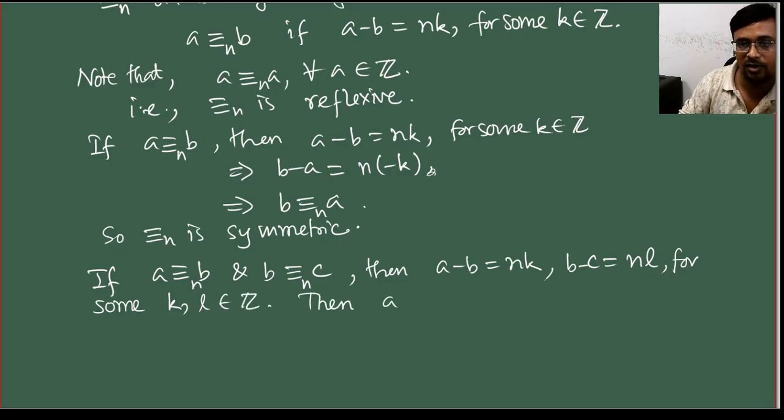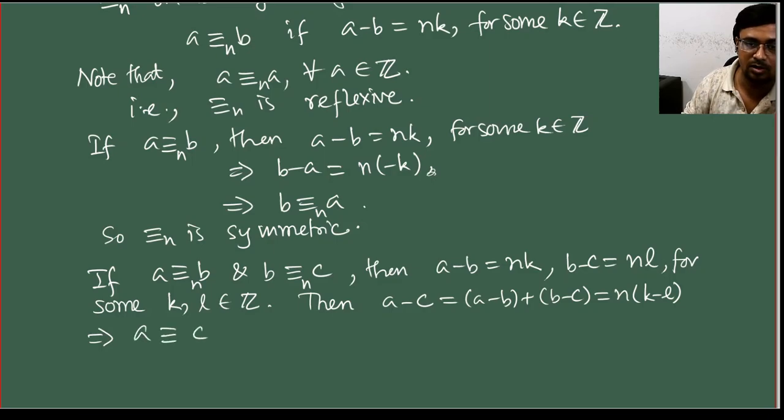Then a minus c is equal to a minus b plus b minus c, which is equal to n times (k plus l). So a is congruent to c mod n.